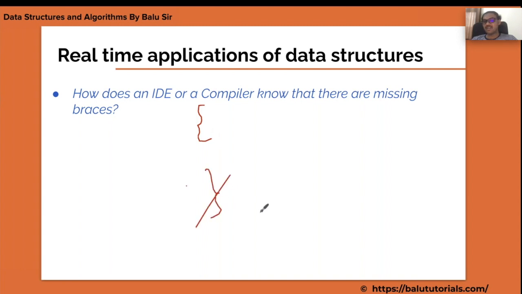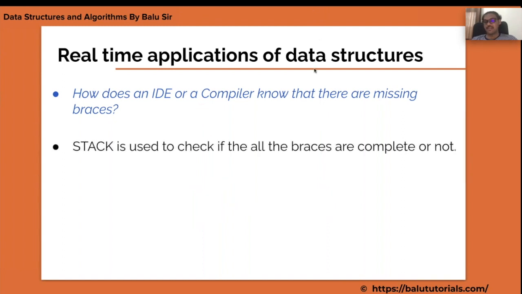If you forget the closing curly brace, the compiler will give an error. How does the compiler know this? Based on which structure does it handle this? Based on the stack. Based on the stack, my compiler understands whether an opening curly brace has its closing one or not.